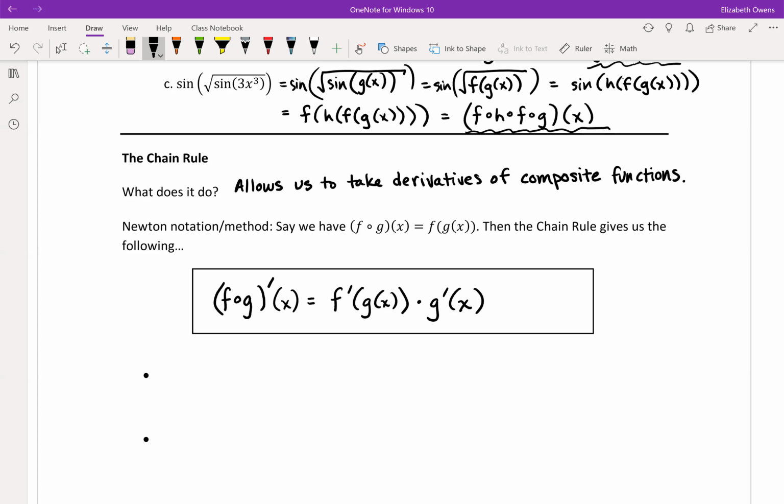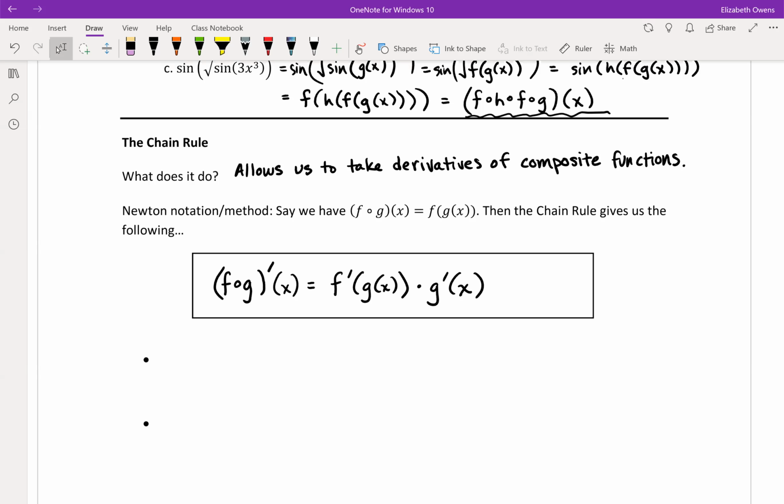So just to break down what we're doing there, in this first part, that first multiplied factor, you're taking the derivative of f of x, which is our function that's on the outside of the composite parentheses notation.